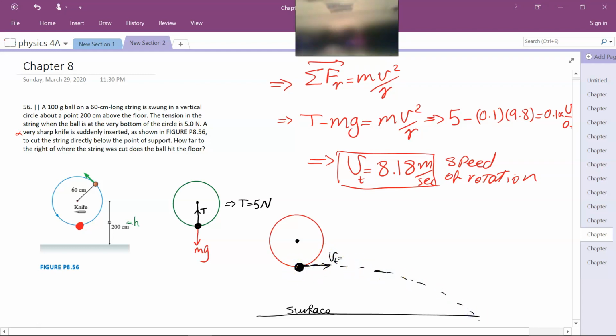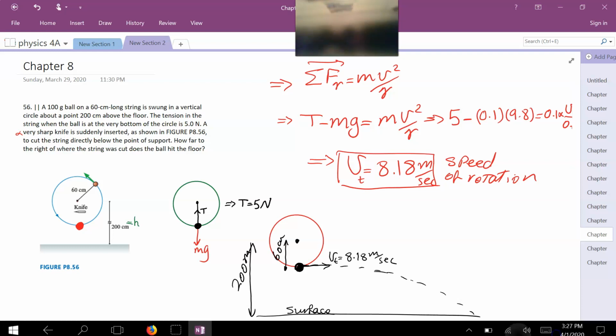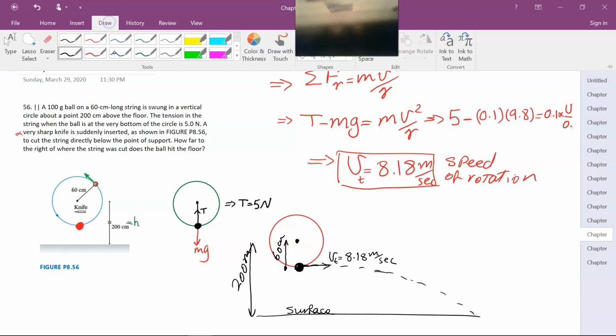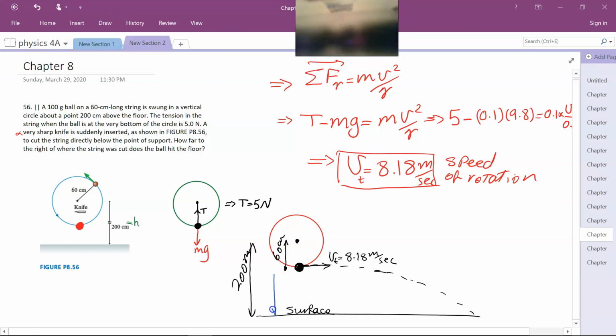It makes projectile motion. This VT, we already found it. It's 8.18 meters per second. By the picture, this height is 200 centimeters. This height is 60 centimeters, correct? Then you tell me, how much will be this? 200 minus 60, correct? 140 centimeters.